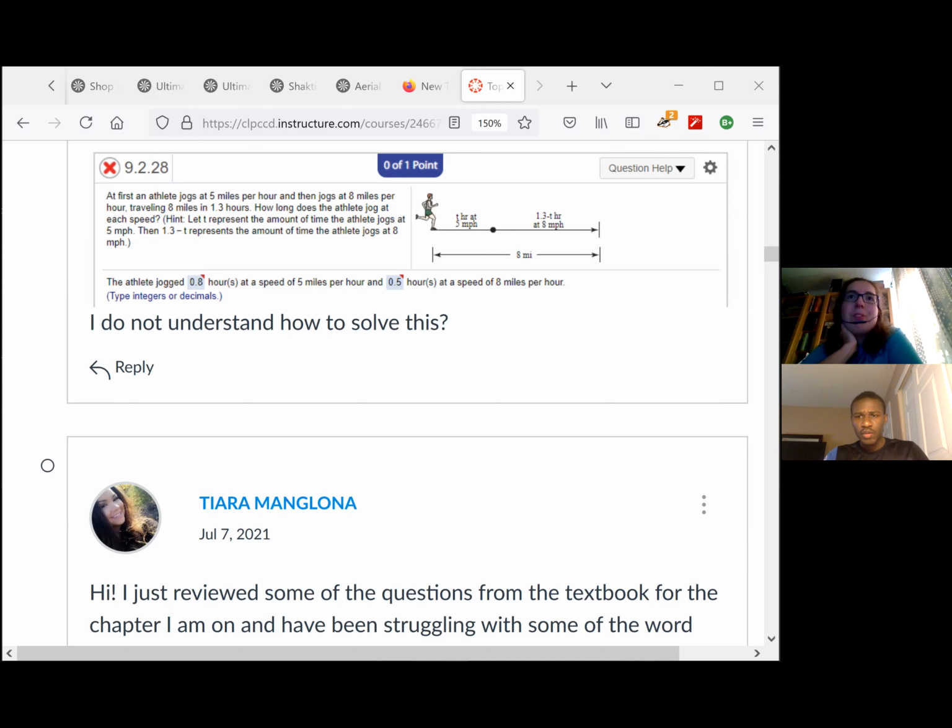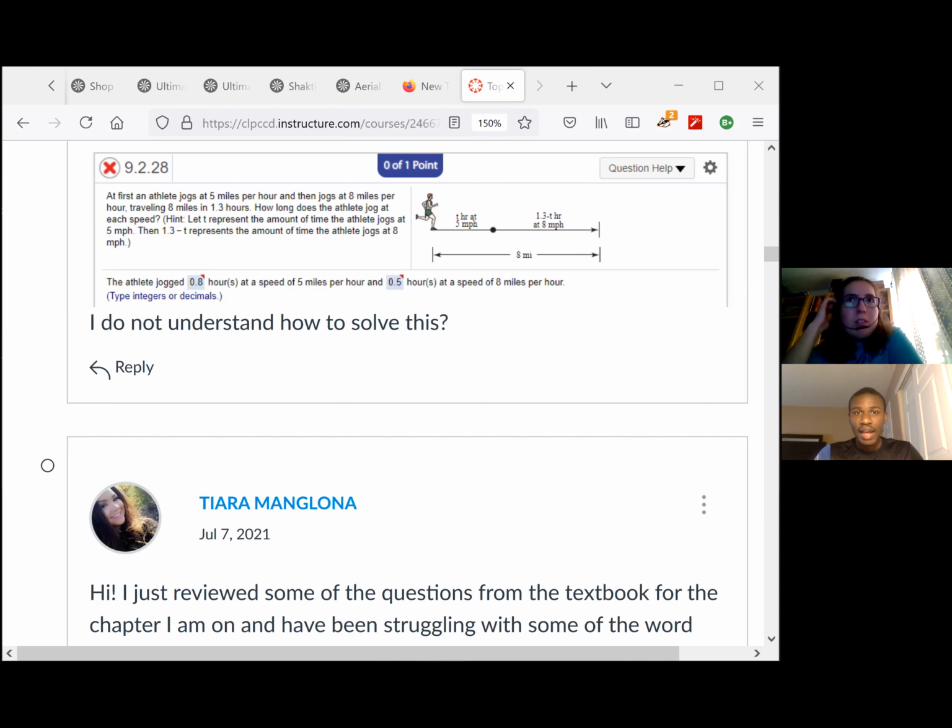So first thing first, we have got two segments. At first, the athlete moves at 5 mph, right? Then after that, they move at 8 mph. So we have two segments there, but the total distance covered is 8 miles, right?